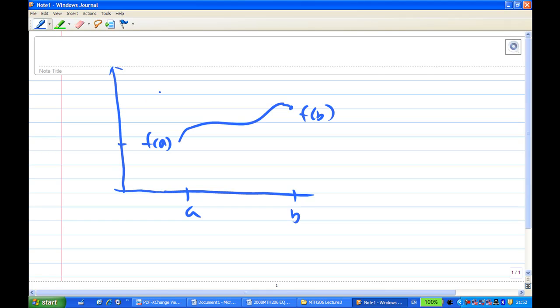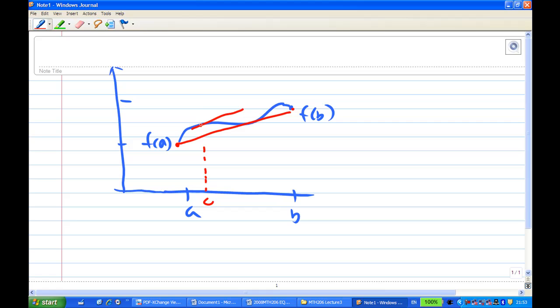Then the mean value theorem says that I must be able to find a c somewhere in the interval such that, if you join the endpoints with a straight line, the tangent line at c is parallel to the line joining the endpoints.